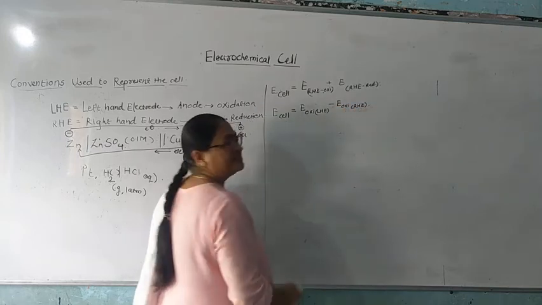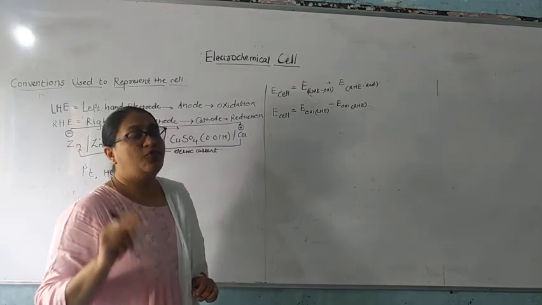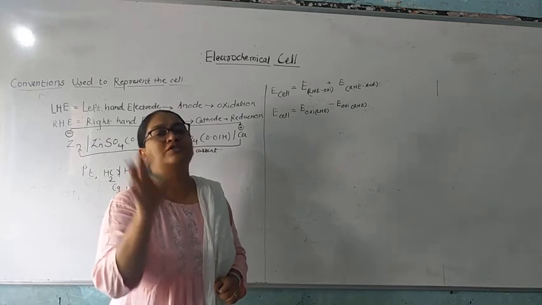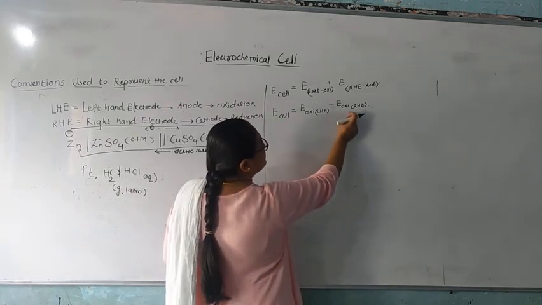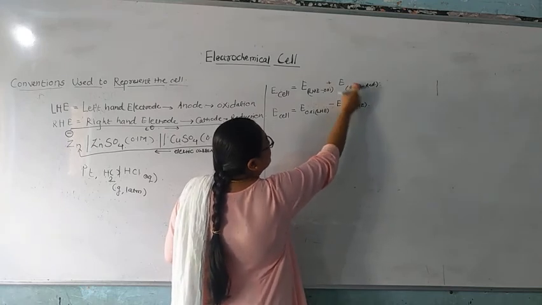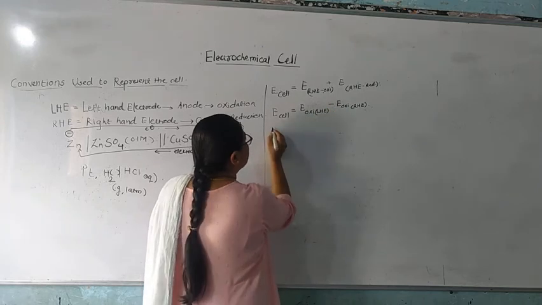This is the formula when you know the oxidation potential for both electrodes. That means here the reduction potential is positive, but its oxidation potential will be negative, hence the negative sign.